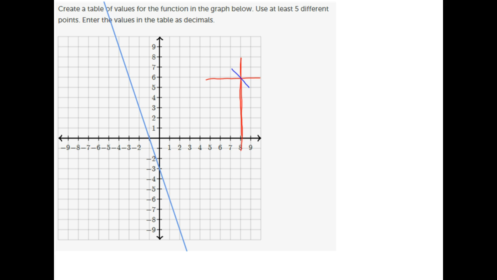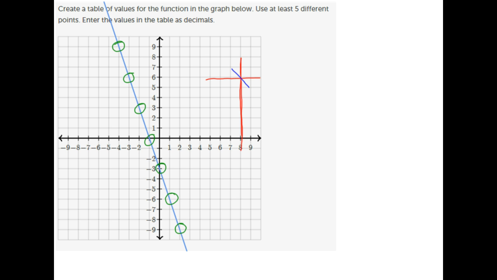So right here it crosses there, there, there. Okay, these are the locations that it crosses perfectly at that intersection. All you need to do is choose any of those 5 points.